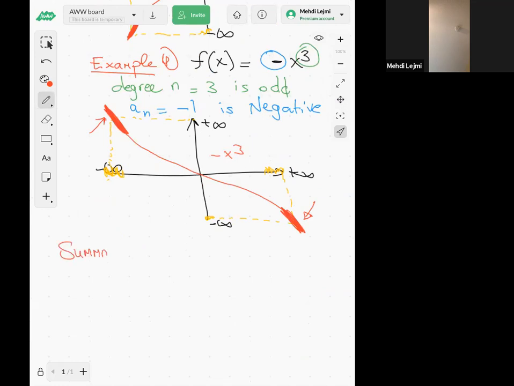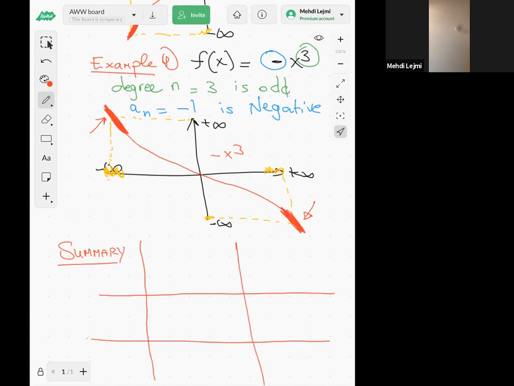Okay, so, guys, just to summarize what we had here, I'm going to make a table. So here's my table. Here the degree n is even. Here my degree is odd.